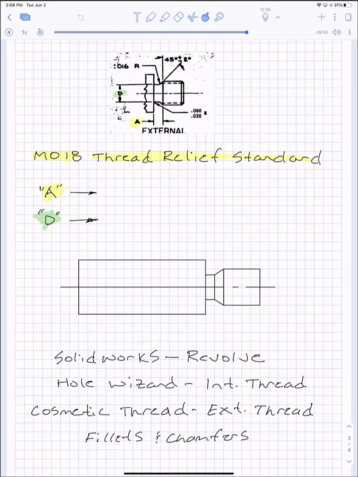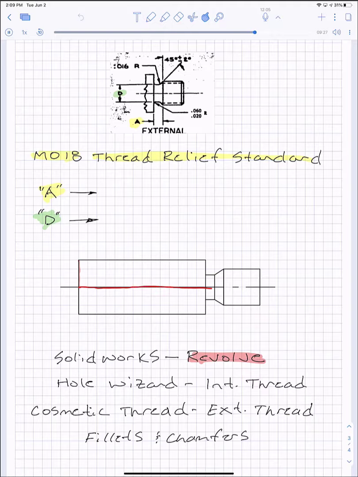All right, last thing we'll look at is how we're going to make this part in SOLIDWORKS. And I've got the features listed here at the bottom. The first thing we're going to do is a revolve command, because this is a cylindrically shaped part. So it makes sense to use a revolve feature. And your sketch is going to look something like this.